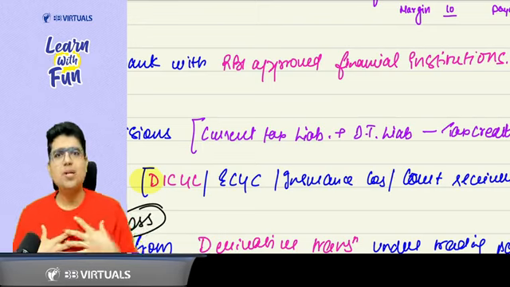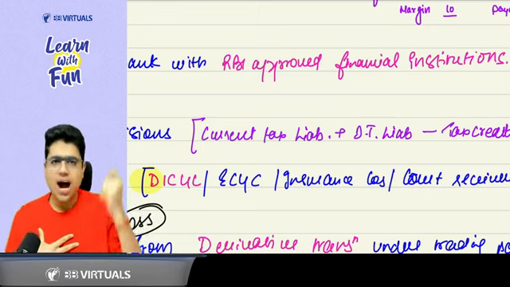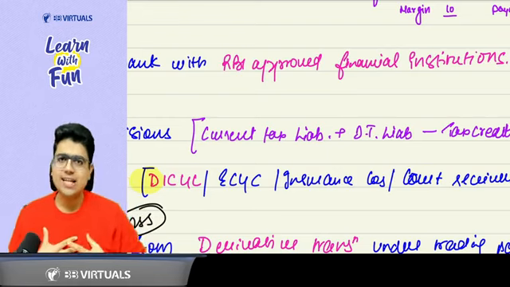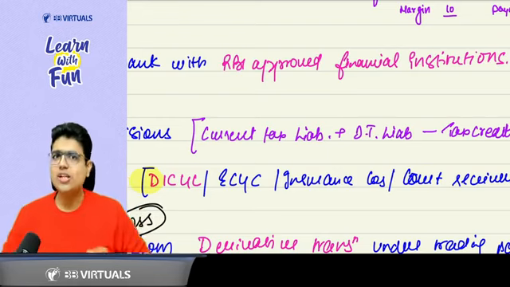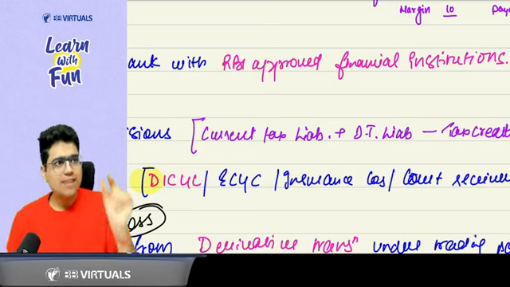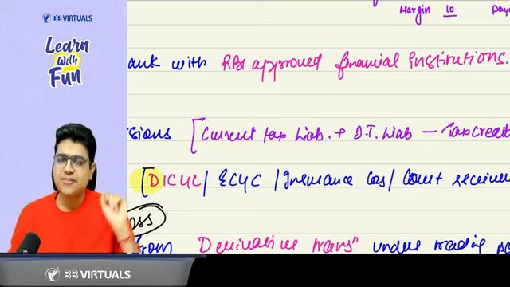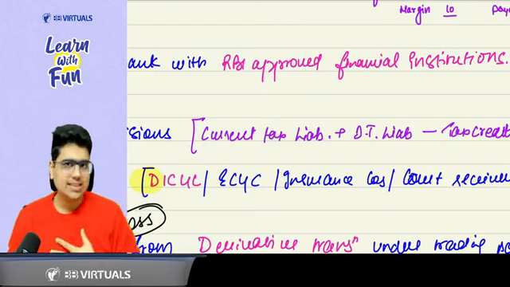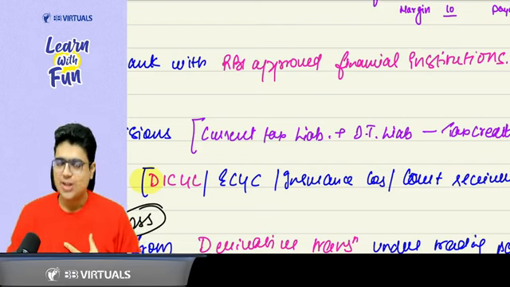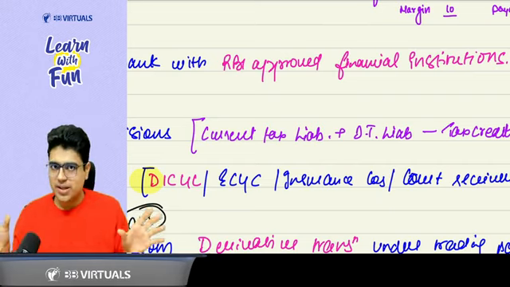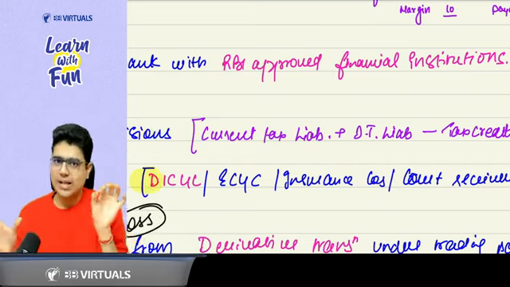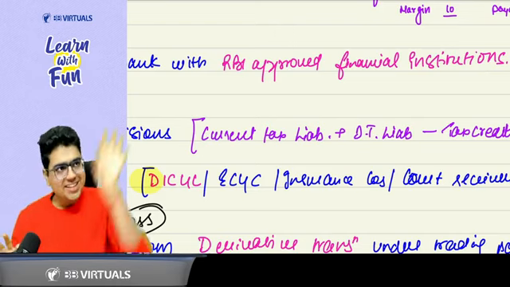Now, sir, what will happen to depositors like me? My hard earned rupees 10 lakhs are there with ICICI Bank. Do I have an insurance for that? Answer is yes. Whatever money you keep with the commercial banks, 5 lakhs of insurance is given by DICGC. So that insurance is available. So let's say the bank went bankrupt and they got the insurance amount from DICGC for the depositor.